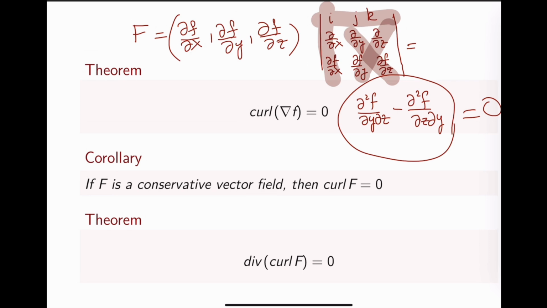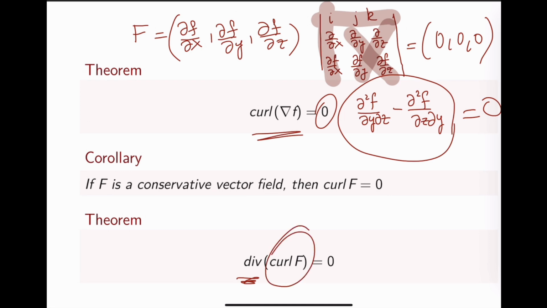And in the same way, you can see that all the other components of the curl are going to be 0. So this is the vector 0, the one that has components 0, 0, 0. In the same way, we can see that if we take the divergence of a curl, the result is also going to be 0.